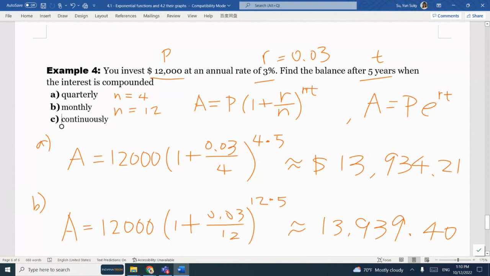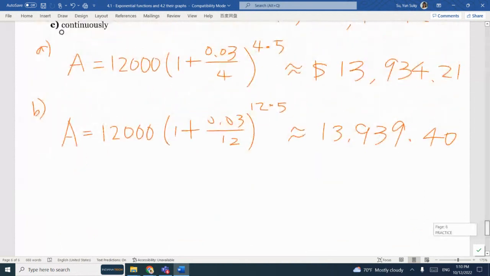Right. Okay, part C. Continuously, then we use the formula P times e to the RT.